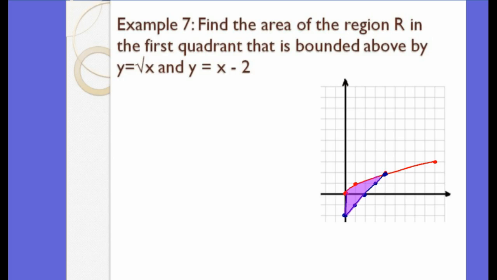If we set it up as top minus bottom, which is the way it's set up right now, because we're y equals, top minus bottom would be square root of x minus (x minus 2). We're evaluating in terms of x, and my bounds would be 0 to 4.